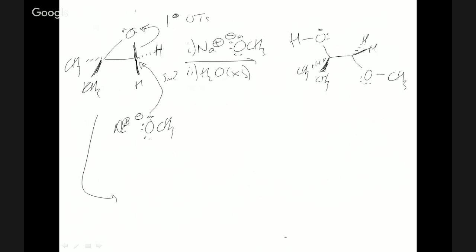Pop that open, ring strain, even better, and so you get the sodium alkoxide. This is attacking at the less sterically hindered carbon. All right, it did not attack here because it's a tertiary-like carbon. It attacked at the primary-like carbon. It popped it open. Basic conditions will attack at the less hindered carbon.